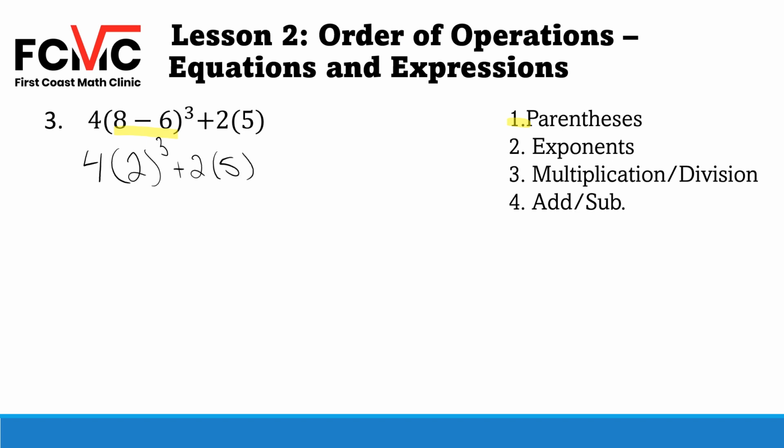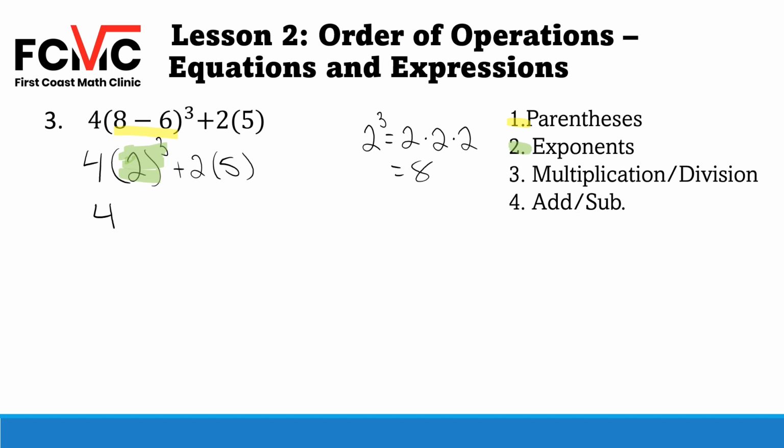Now we can do our exponents. So 2 to the third. Let's do that off to the side. 2 to the third is 2 times 2 times 2, which is going to be 8.